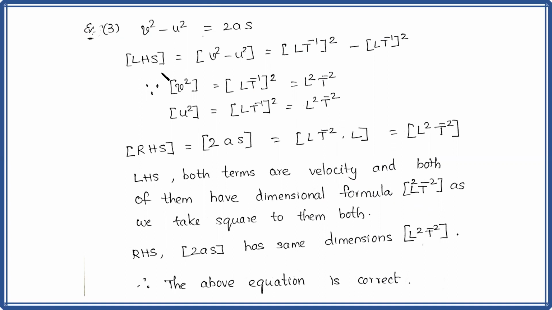Now let's come to the LHS, v^2 minus u^2. v means final velocity, u means initial velocity. For all types of velocity, the dimensional formula is LT^-1, so v^2 has the dimensional formula L^2 T^-2. For the first term, you got L^2 T^-2.